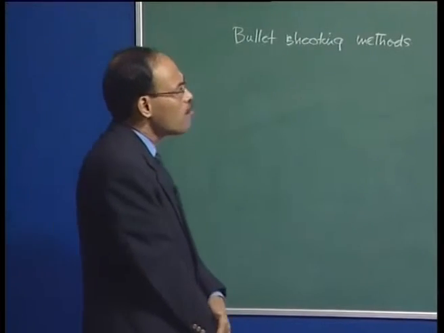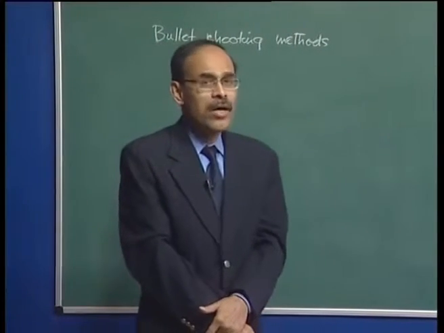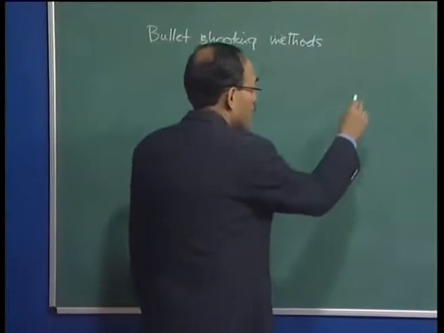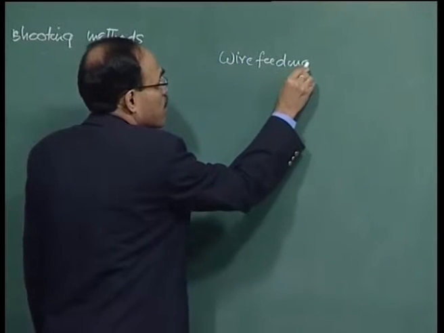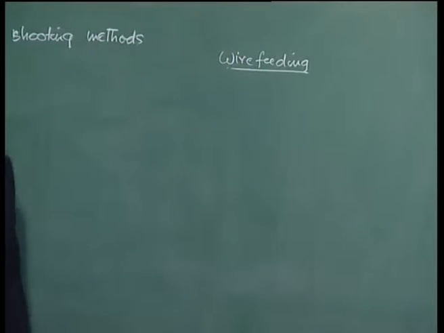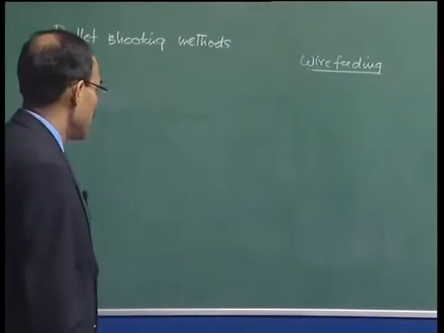Today, apart from bulk alloy additions of aluminum, we have wire feeding of aluminum, which is very popular. This is basically done in order to improve the recovery or efficiency of utilization of aluminum.